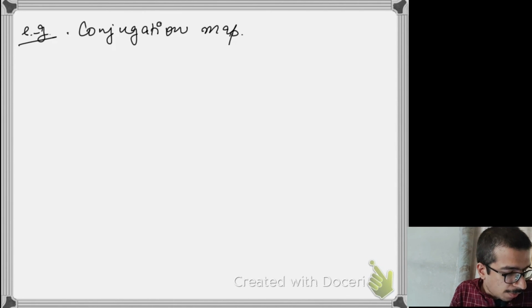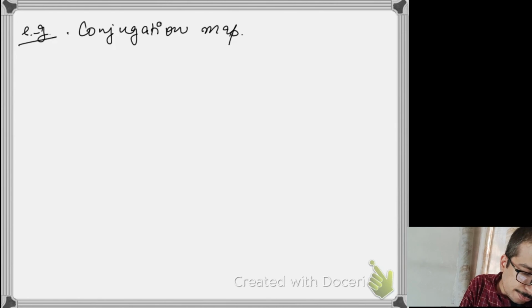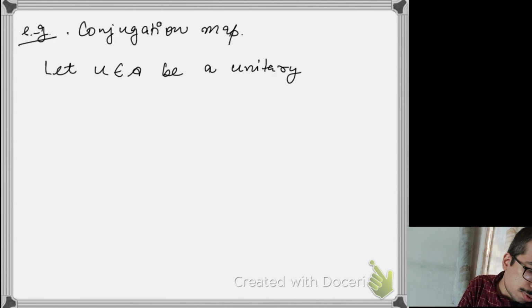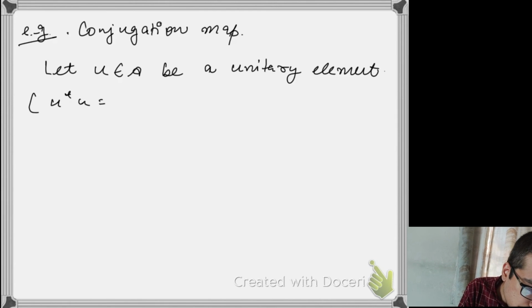So suppose I have any unitary element. What do we mean when I say I have a unitary element? Well, I mean that u star u equals u u star equals identity.